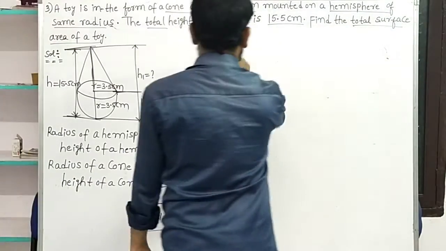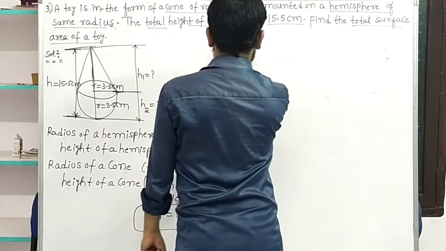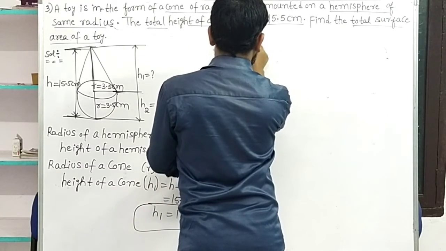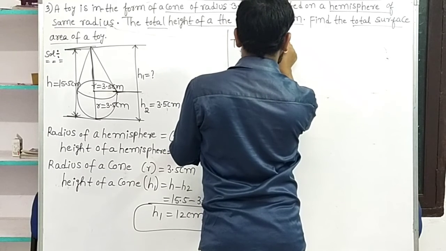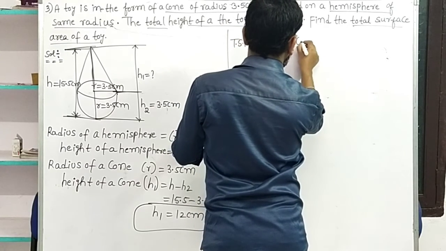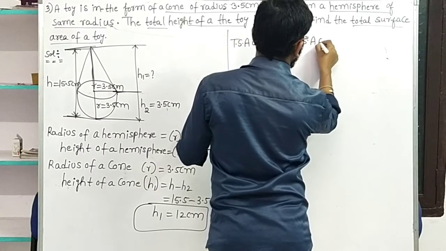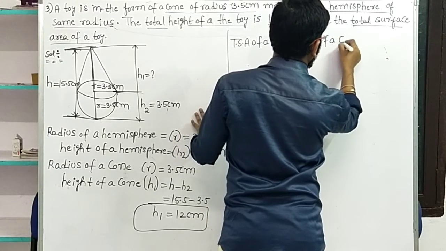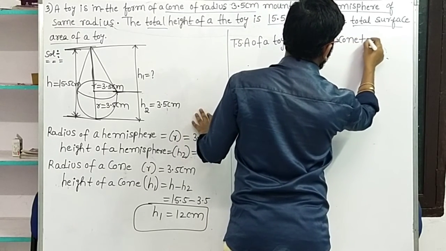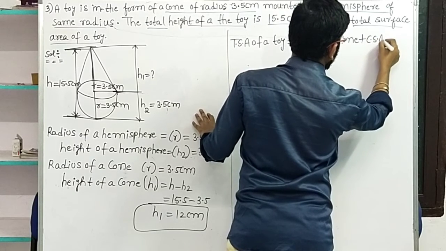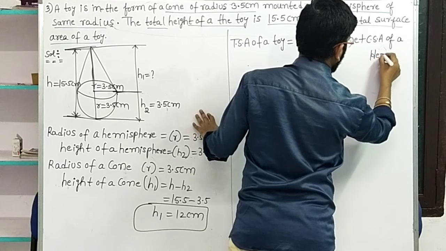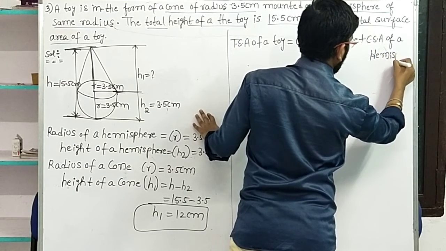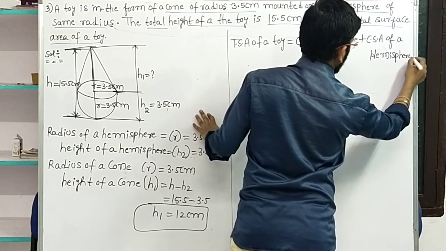Next, we need to find the TSA of the toy, which equals CSA of a cone plus CSA of a hemisphere.